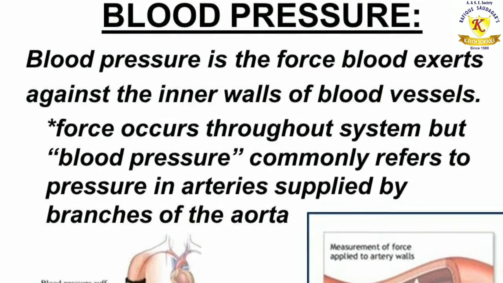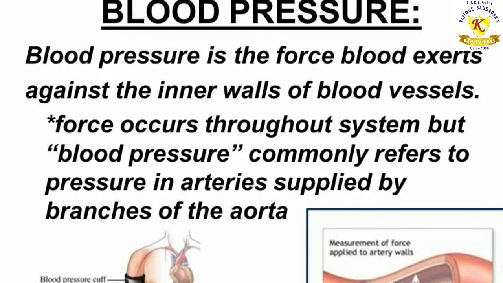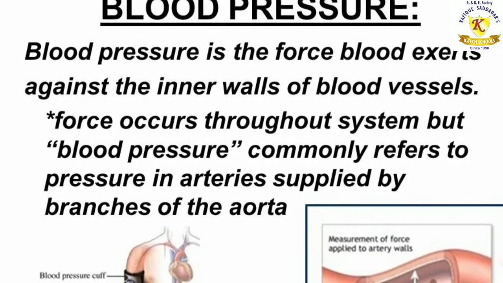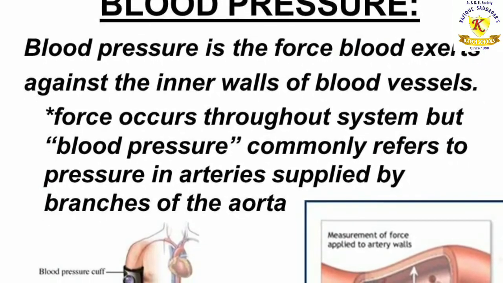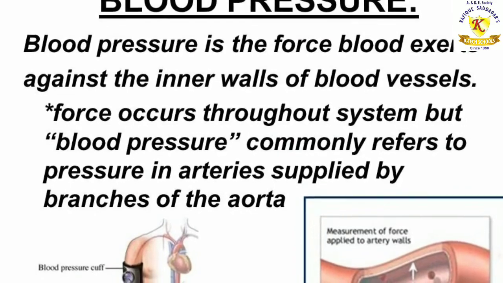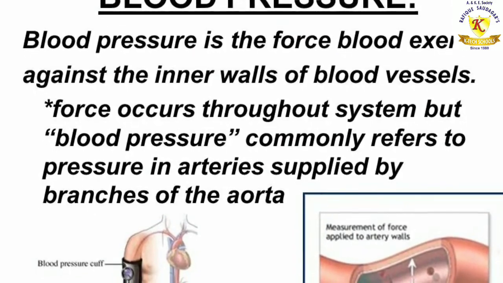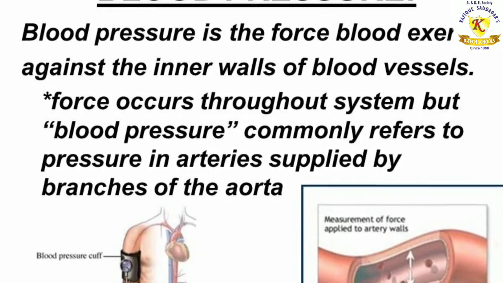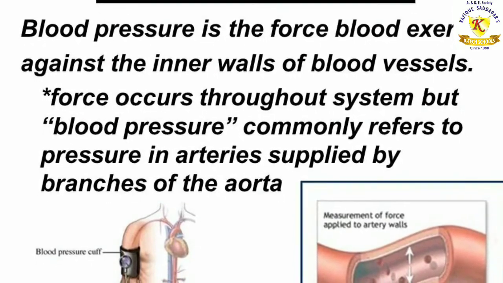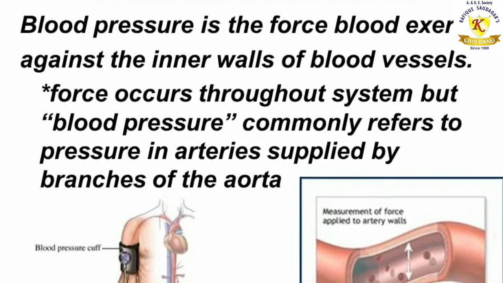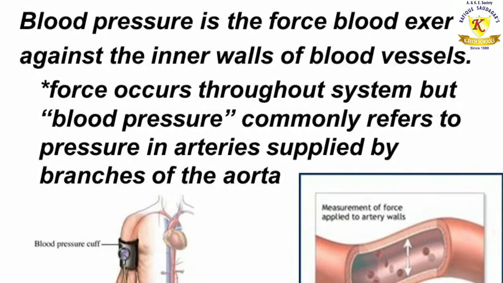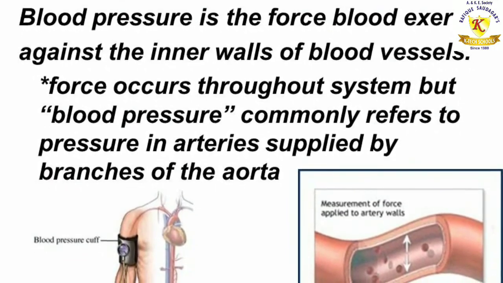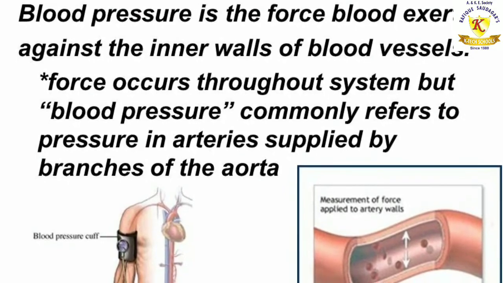Now, blood pressure. Blood pressure is the force blood exerts against the inner walls of the blood vessels. Force occurs throughout the system, but blood pressure commonly refers to the pressure in arteries supplied by the branches of the aorta.